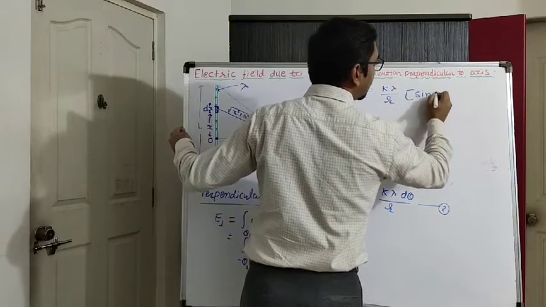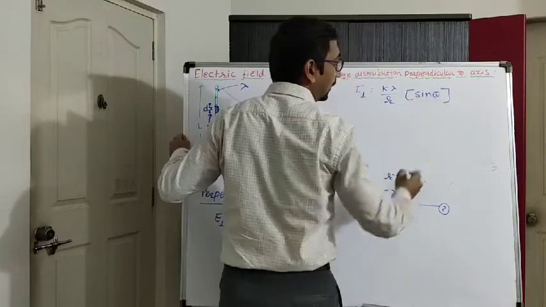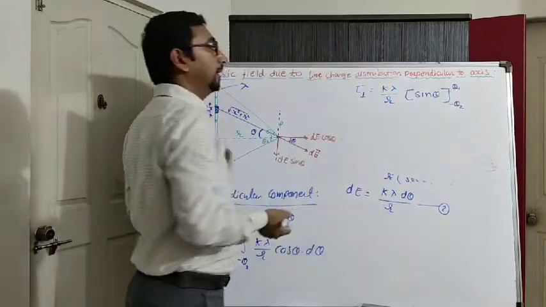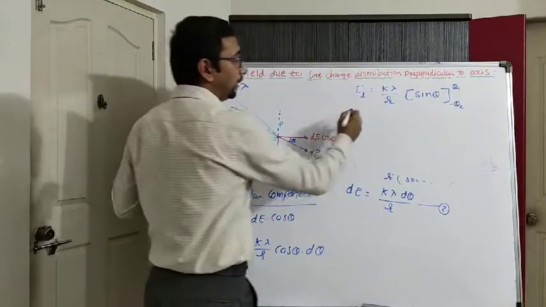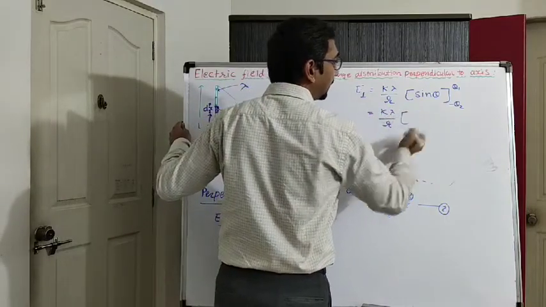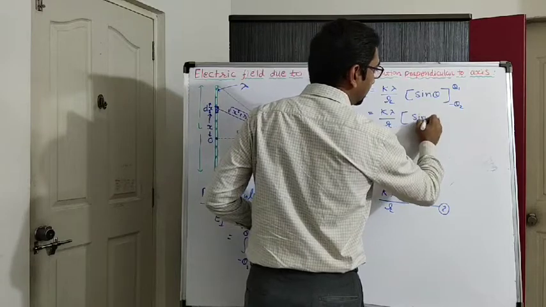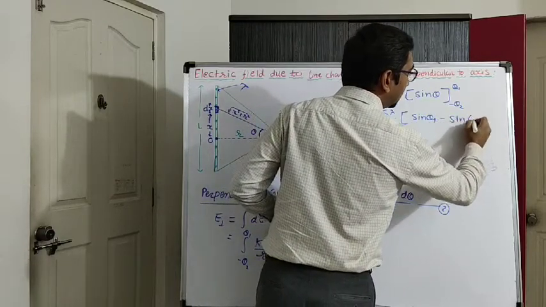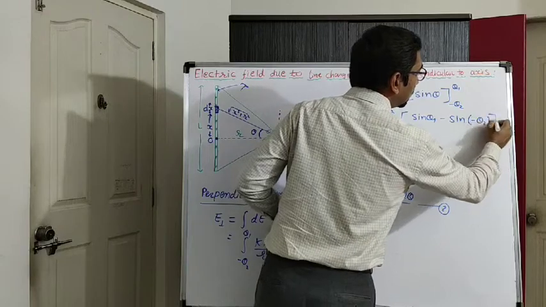The integration of cos theta is sin theta. The lower limit is minus theta 2, the upper limit is theta 1. So now this is k lambda upon r, sin theta 1 minus sin of minus theta 2.